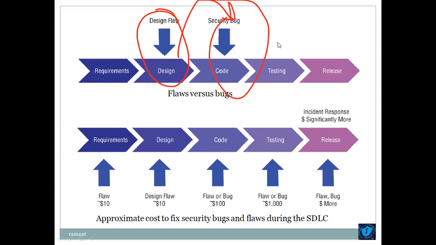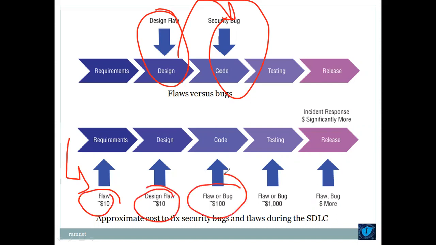When it comes to the design phase, the spending is below $10 or so. It's just an example. A design flaw will cost below $10, negligible. A coding flaw or bug is $100. Testing, $1,000. When it goes to release and you start fixing flaws and bugs at the release stage, you will have incident response and significantly more dollars need to be spent.